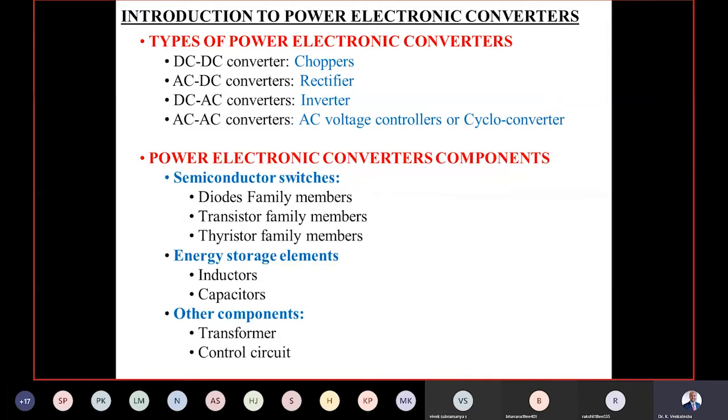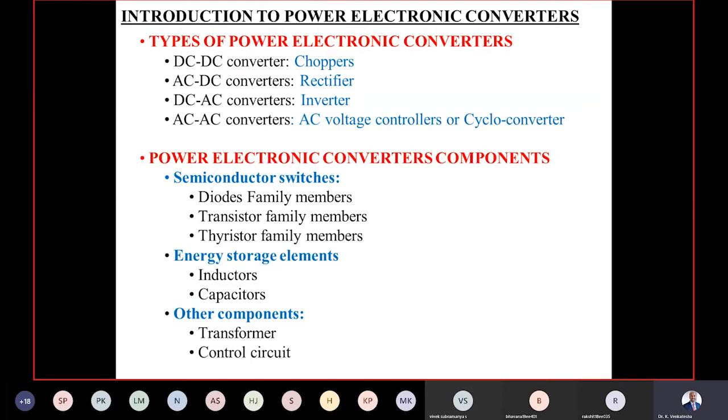The very first member is SCR, silicon controlled rectifier. Then we have a triac that works on AC, diac that works on AC. Then we have RCT, reverse conducting thyristors, MCT, MOS controlled thyristors. So many family members are there in the thyristor, and even GTO, gate turn-off thyristors. So we use these semiconductor switches or solid state switches in the power electronic converters.